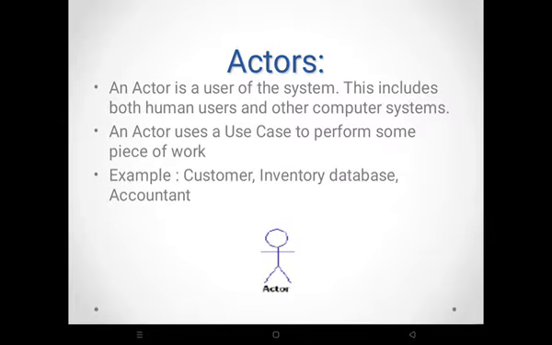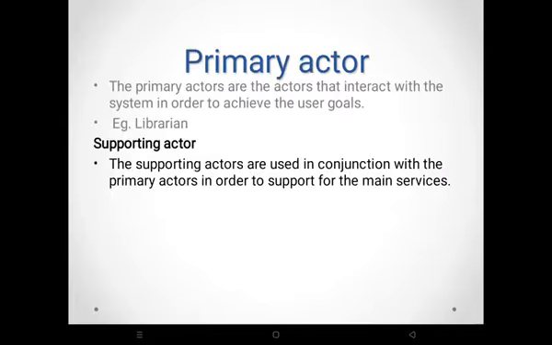See, there are two different types of actor. One is the primary actor, another one is the supporting actor. Who is an actor? Who uses the system? The user of the system is called the actor. What are the two different types of actor? One is the primary actor. Primary actor is nothing but the actor that interacts with the system in order to achieve the user goal. Example, librarian.